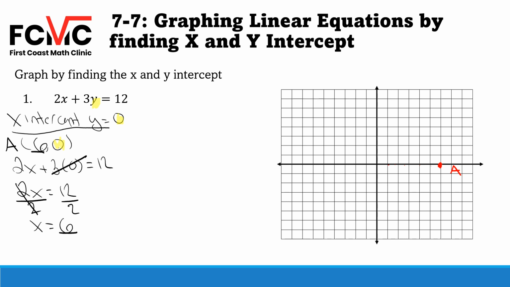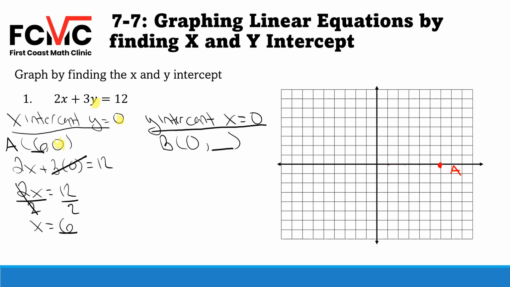Now let's find our y-intercept. At our y-intercept, we know x is equal to 0. We'll call this point B, and we'll put that 0 value in our x coordinate for our solution.